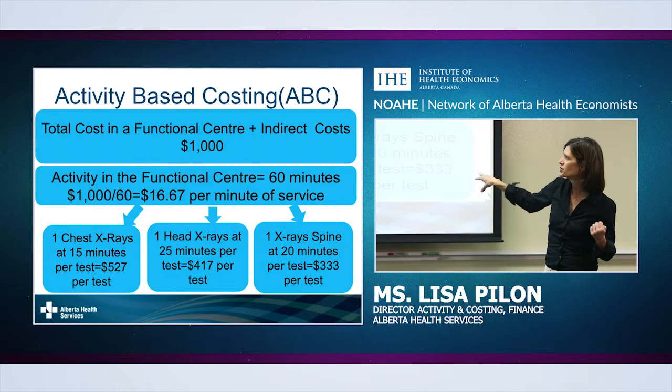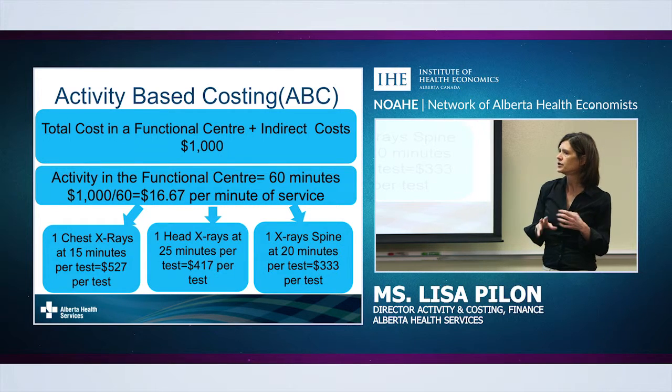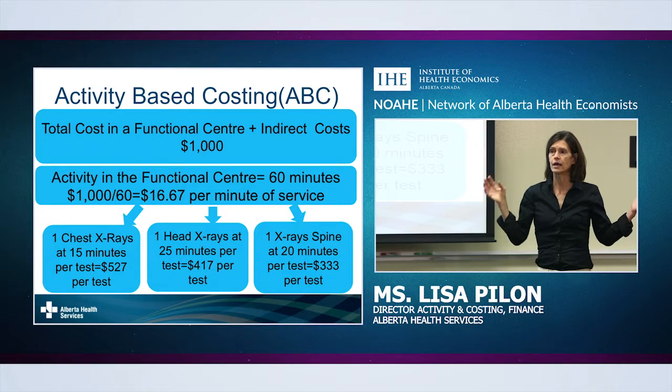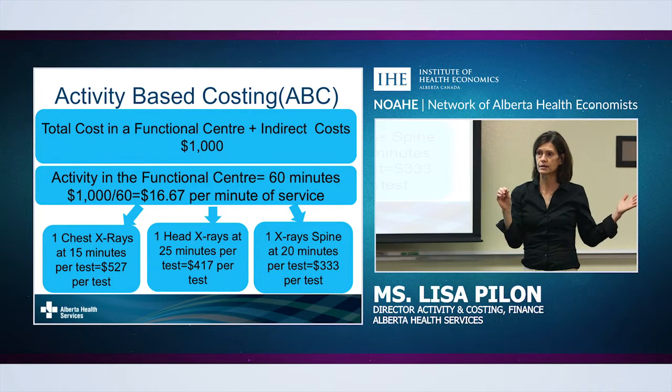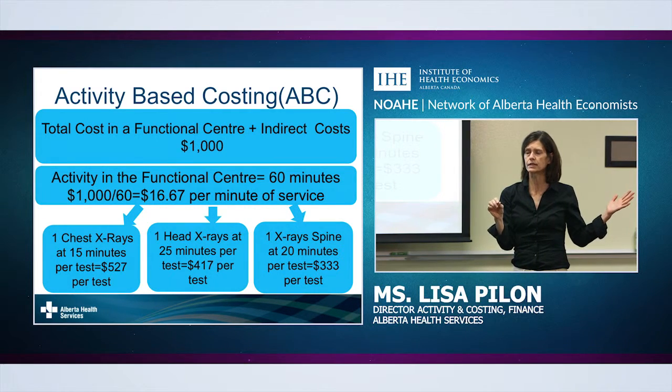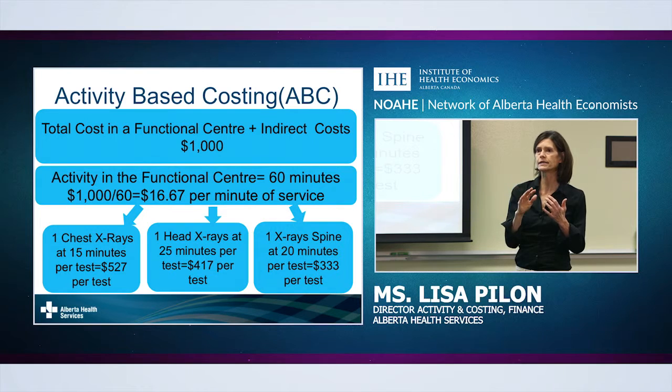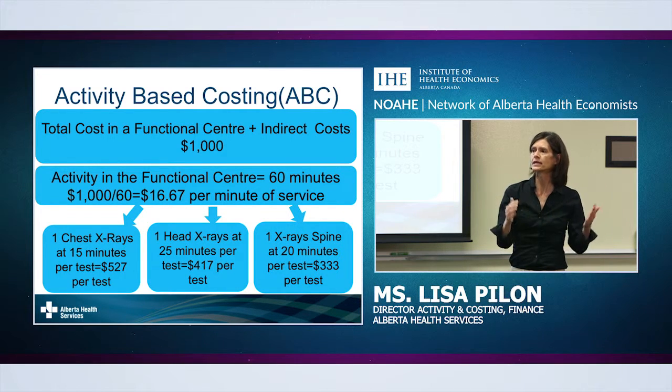So I apologize, I'll clean up those numbers there. So the point being on that one is you have this amount of money in your functional center. Now it's not $100 a test. The test that takes more time, takes 25 minutes, is going to cost you more in that functional center than the test that takes you 15 minutes. So now we're basically saying one's more expensive based on the time it takes to actually do that test.